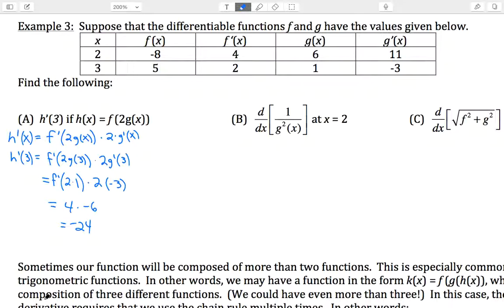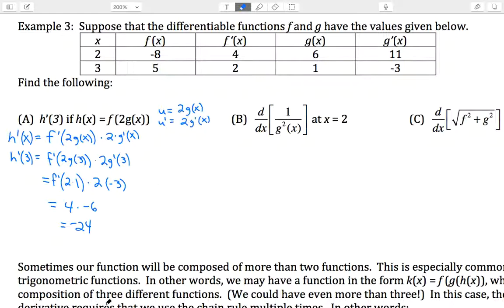Alright, I'll let you copy and then tell me where you're lost. Okay, so where are you lost? Okay, so look, let u be what? What is u in this problem? 2g. So then u prime is what? 2g prime.